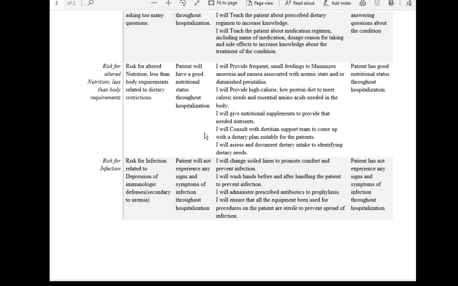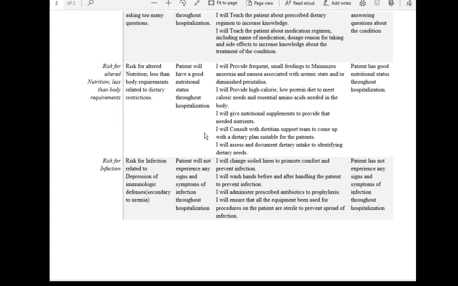So here you find that because we have so many restrictions on this patient, we have to consult with dietitians, a support team that will help us to come up with a plan that will be actually important, that will help the patient to have a good nutritional status. So we have to consult so that we can come up with a proper dietary plan for the patient.